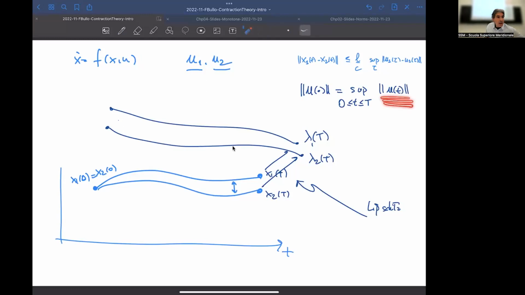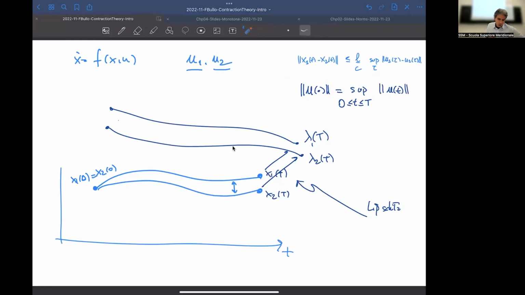This one is a norm in Rn, and the one on the left is a norm on the function space. It's the supremum of the pointwise norms of the input at each time. With respect to this norm, this is the norm of the difference between the two.